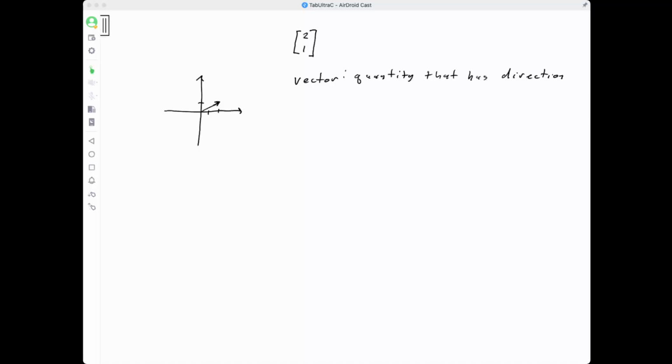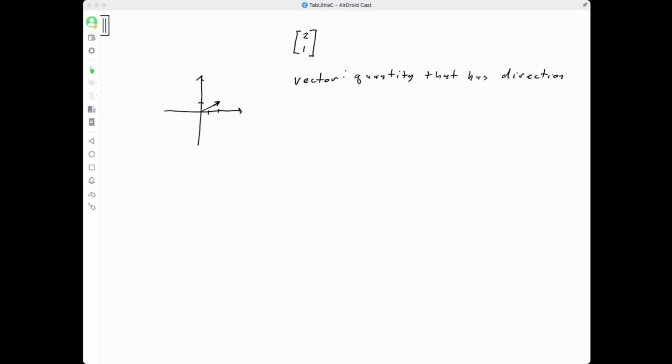So from the 0, 0 point, from the origin to that point 2, 1, if I draw that arrow, I've got a quantity, so a length, and a direction, because I know exactly what direction it's facing.